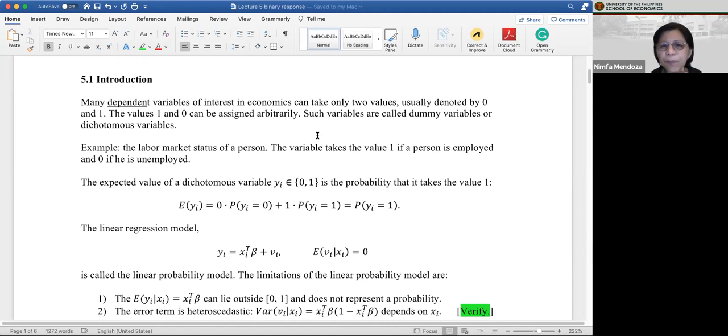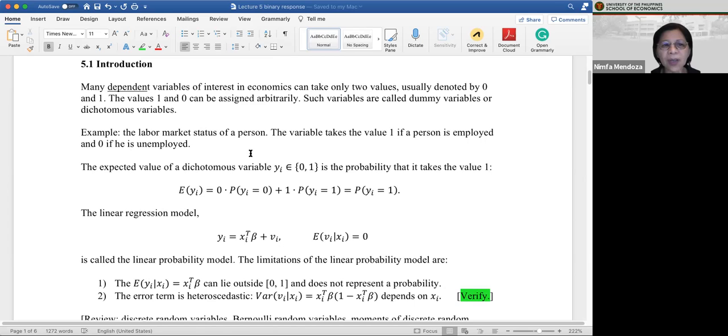Okay, so for these variables where we just have two discrete choices on the left-hand side, such variables are called dummy variables or dichotomous variables. An example would be if on the left-hand side of the equation we have the labor market status of a person.